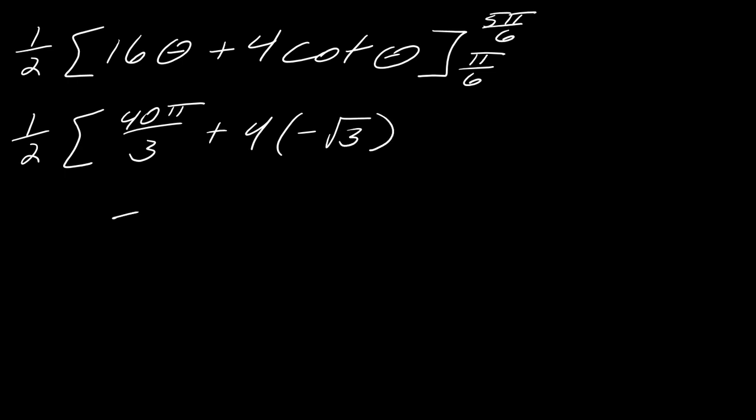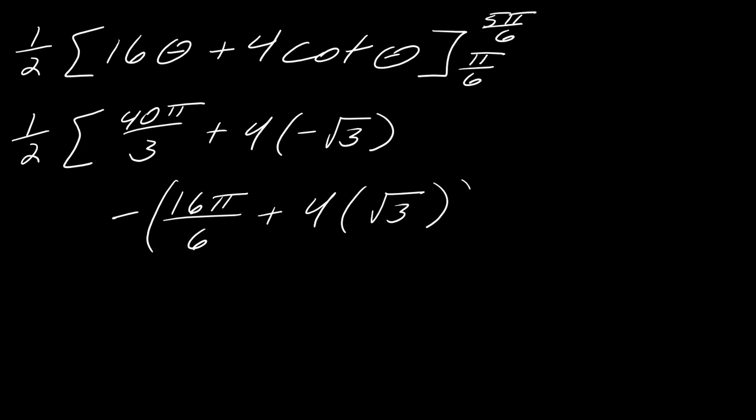Then I can subtract this off. So this will be minus 16 pi over 6 plus 4, and this will just be positive square root of 3. I've got to remember to subtract all of that off.